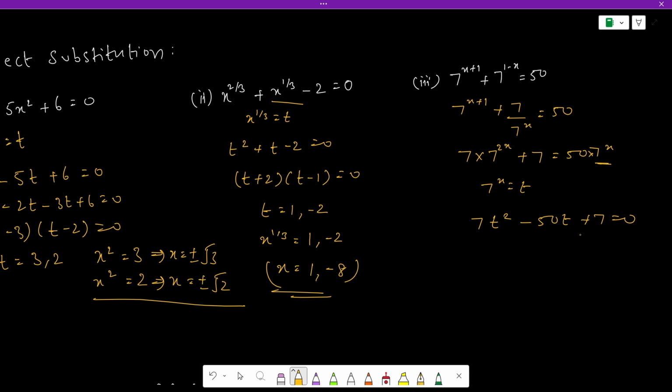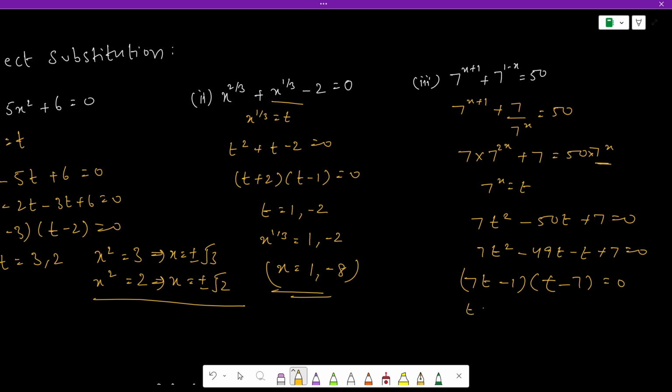Now it can also be easily factorized, so the product should be 49 and the sum minus 50. 7t square minus 49t minus t plus 7 equals 0. 7t comes common here, and t minus 7 into 7t minus 1 equals 0.